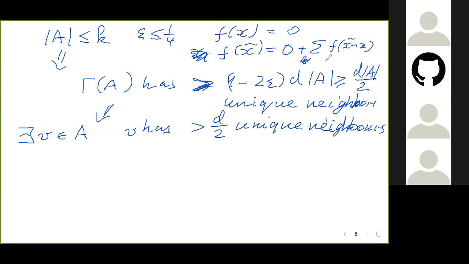And if we know that a certain equation f has exactly one variable from A, then this is exactly one.